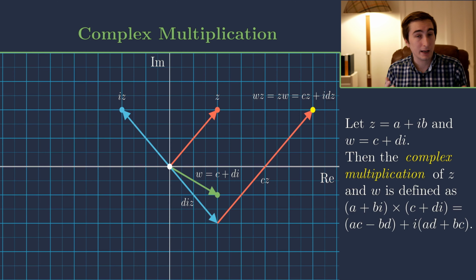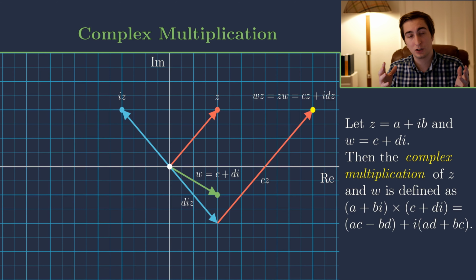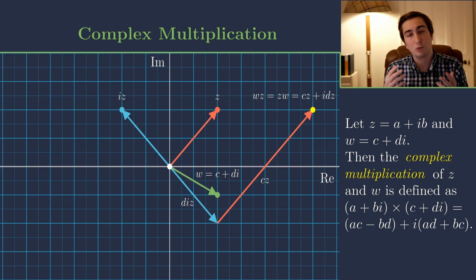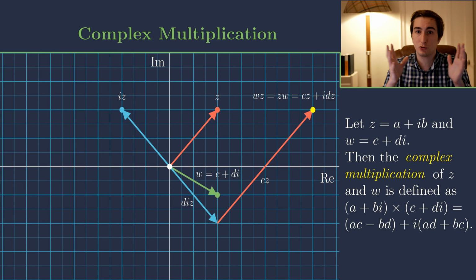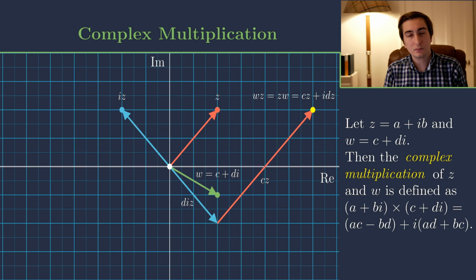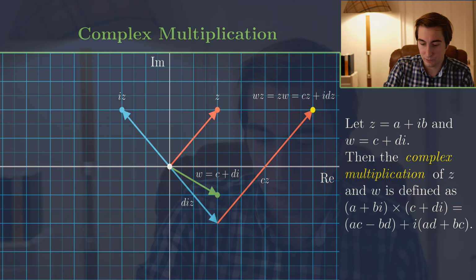So what we've seen here now is we've extended our idea of multiplication to complex multiplication, and where we thought of multiplication in the real number line as stretching the number line or squishing it by some scale factors, what we see in the complex plane is that complex multiplication corresponds to this stretching and squishing action that comes from the real numbers, but also rotations that come from the imaginary unit, effectively the imaginary numbers. So multiplying two complex numbers effectively just corresponds to rotating one of them by the argument of the other and then stretching it by the modulus of that one. So that's where we're going to conclude the video.